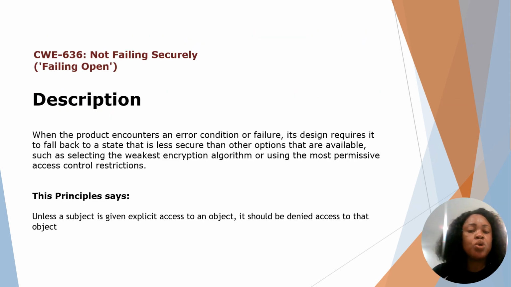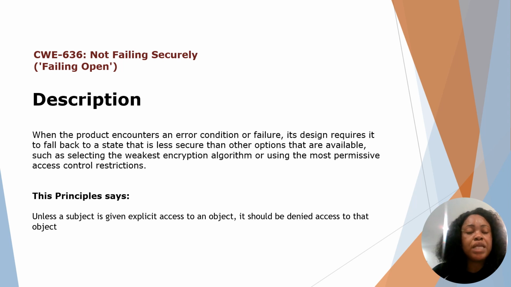And then we also have not failing securely. That's failing open. So the description says that when the product encounters error conditions or failure, its design requires it to fall back to a state that is less secure than other options that are available, such as selecting the weakest encryption or using the most permissive access control restrictions.